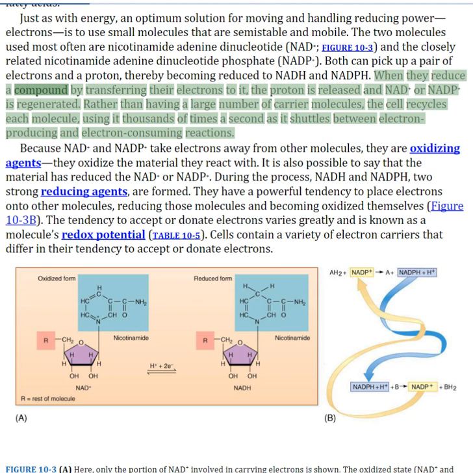When they reduce a compound by transferring their electrons to it, the proton is released and NAD or NADP is regenerated. Rather than having a large number of carrier molecules, the cell recycles each molecule, using it thousands of times a second as it shuttles between electron-producing and electron-consuming reactions.